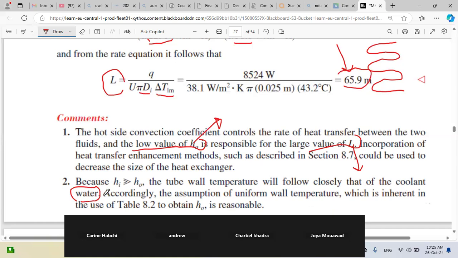From here, the assumption of considering that the temperature of the surface is uniform is accurate, because this surface will be affected mainly by the temperature of water because we have a high convection from the side of water.